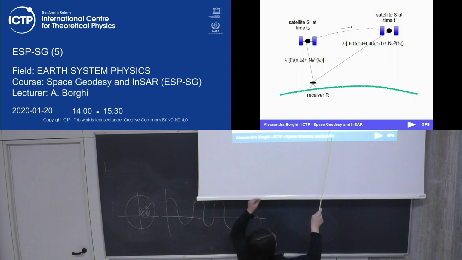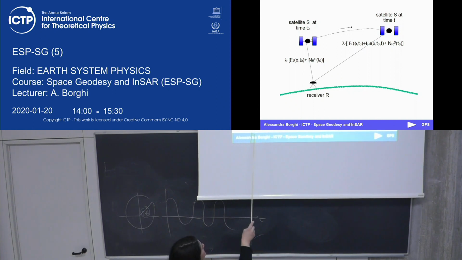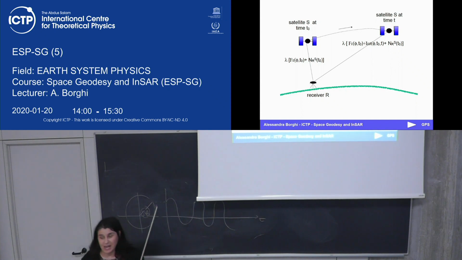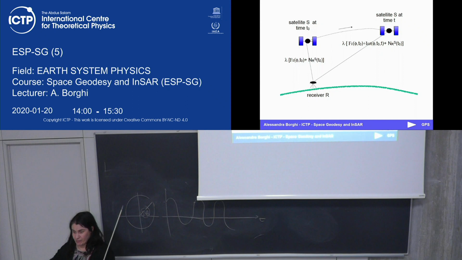We started at time T0 to count the integer number of cycles, and to have the total distance between satellite and receiver we have also to know this part, that we are going to see what this part is. And all this quantity is multiplied by the wavelength. So the wavelength times the phase gives us the distance.